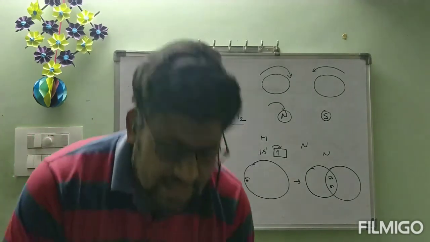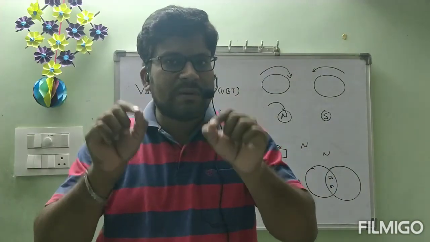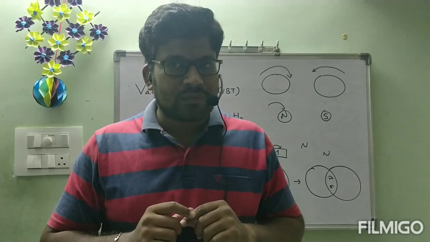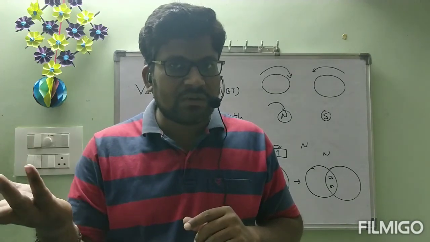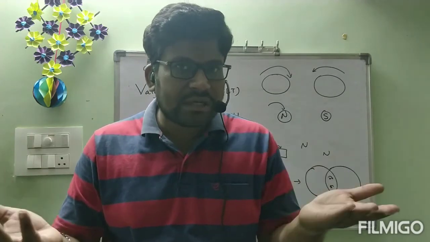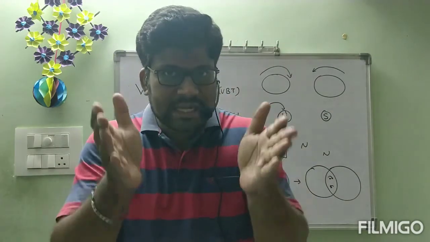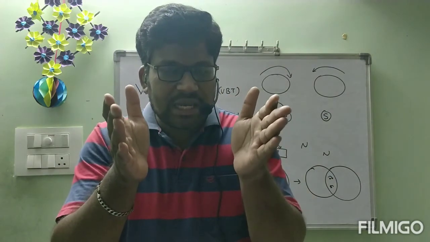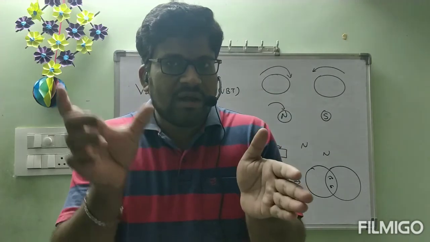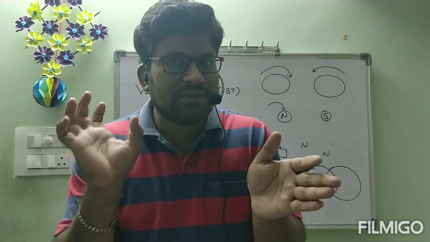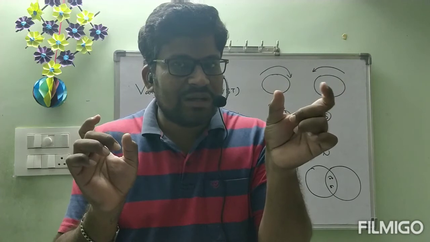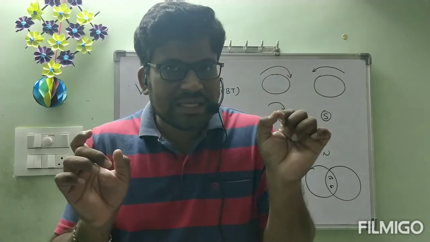Generally, when two orbitals are approaching each other, which particles are present in those orbitals? Electrons. The first hydrogen has an electron only, the second hydrogen also has an electron only. A student who thinks correctly will get a doubt: the first hydrogen electron contains negative charge, the second hydrogen electron also contains negative charge.